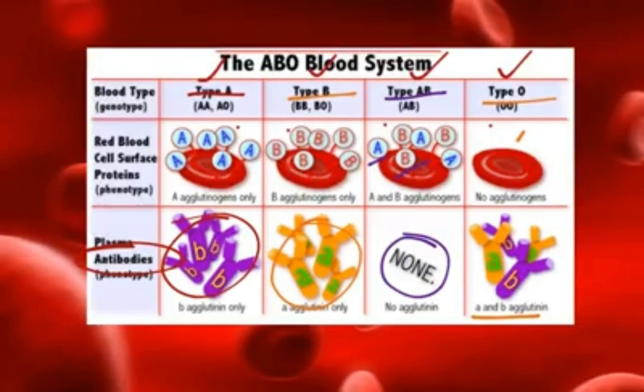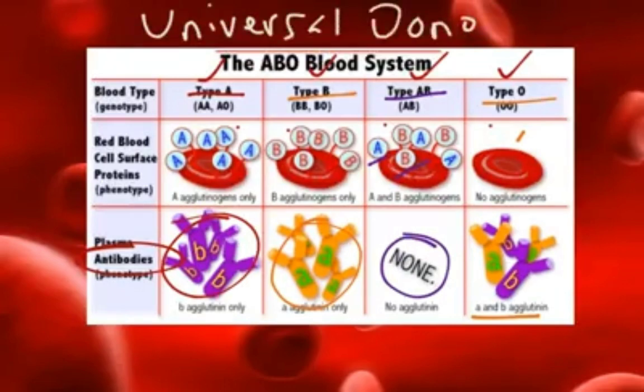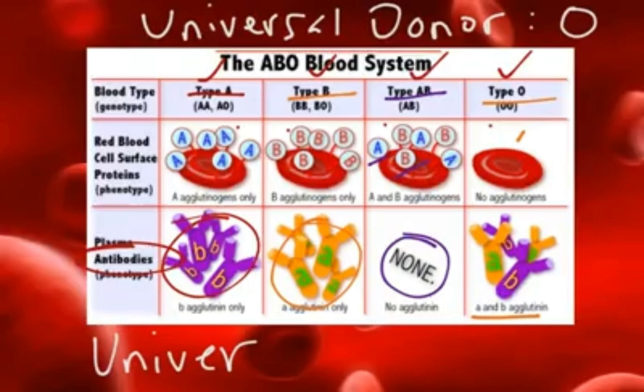And so we typically call type O the universal donor, because what that means is if you're type O, you can give to anyone, but unfortunately you cannot accept from anybody but type O. If you're type AB, you are the universal acceptor.